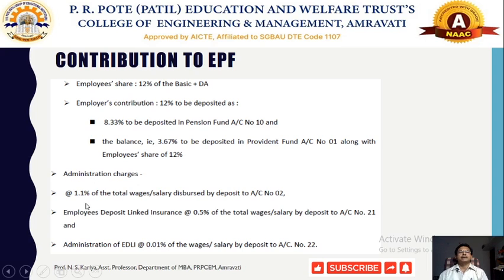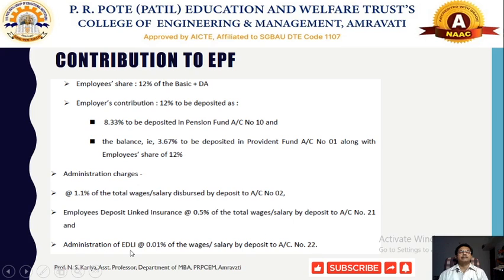And there are some other kinds of charges, called administration charges, which should be 1.1%, and the employees' deposit linked insurance scheme will be included, which should be 0.5% of the total wages or salary.